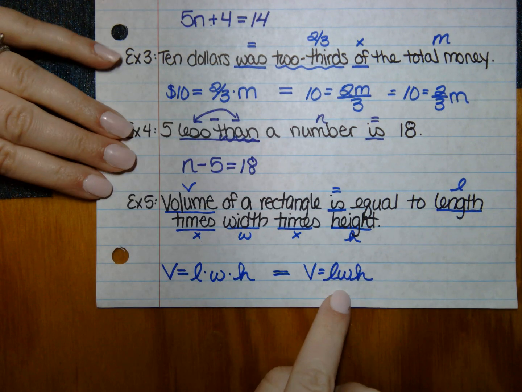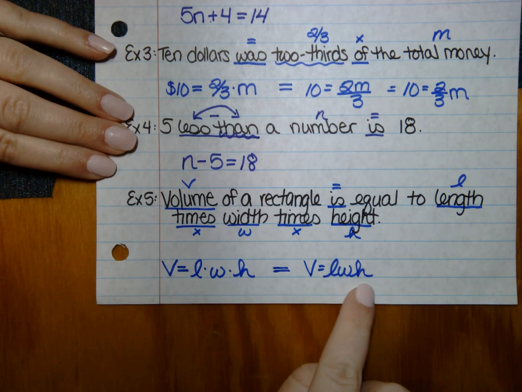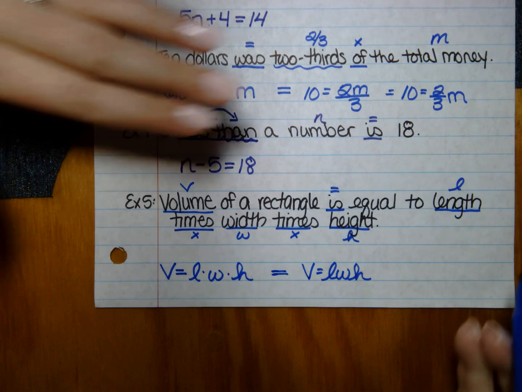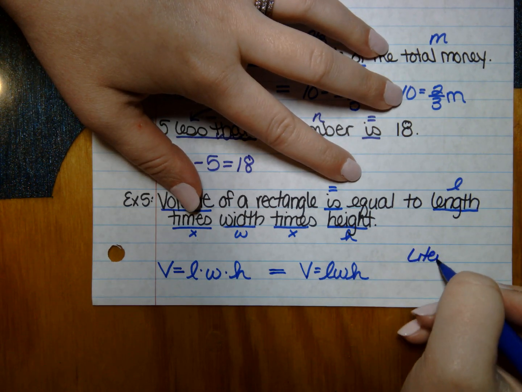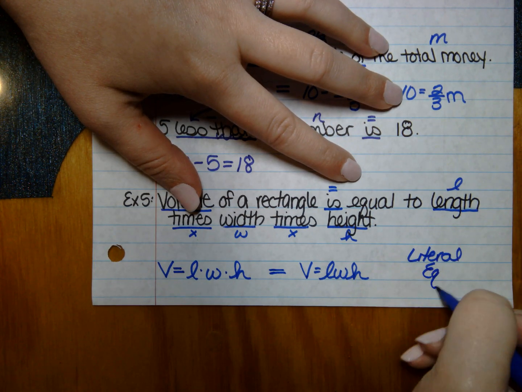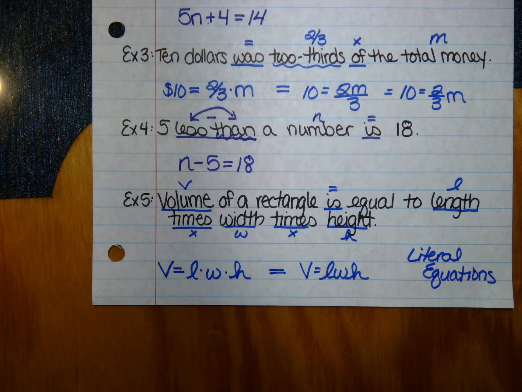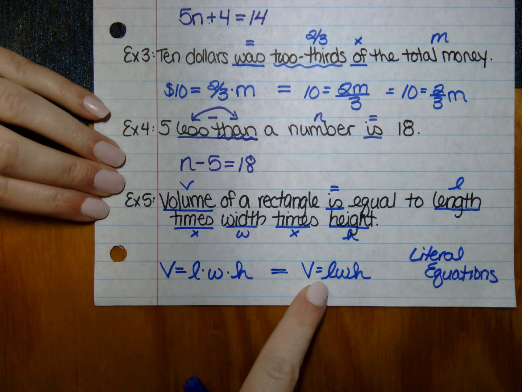Again, if I have a bunch of variables and numbers just touching each other, that automatically means to multiply them. These are what we call literal equations, which basically just means that they have more than one variable as part of the equation itself.